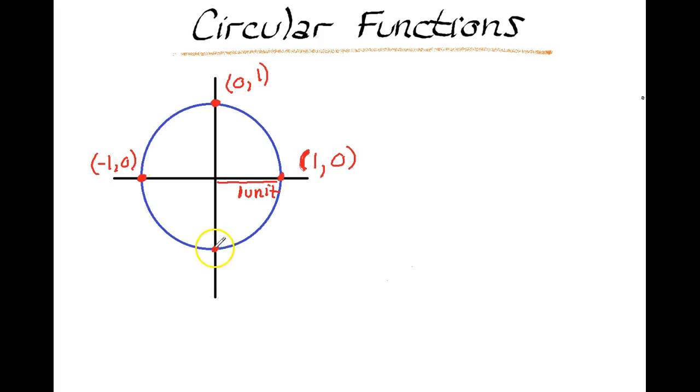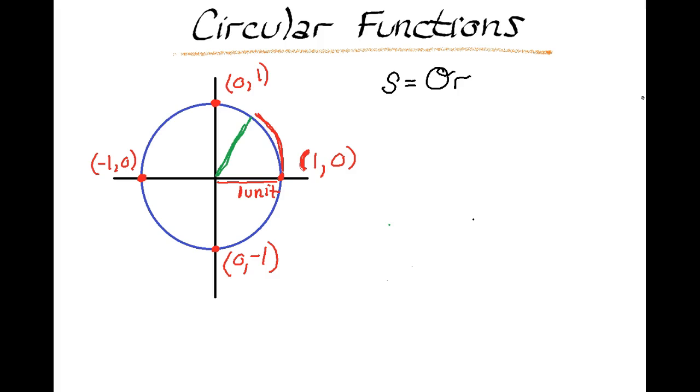So now I want you to think back to our last video, where we talked about arc length. And we said our arc length, S, is equal to our angle in radians times our radius. We said that because when we mapped out 1 radian, the arc length was equal to the radius.